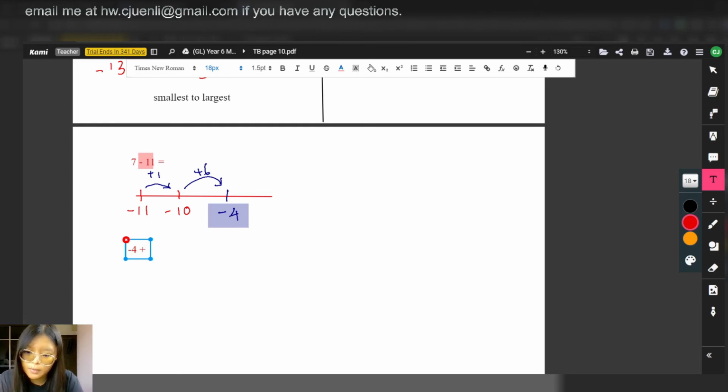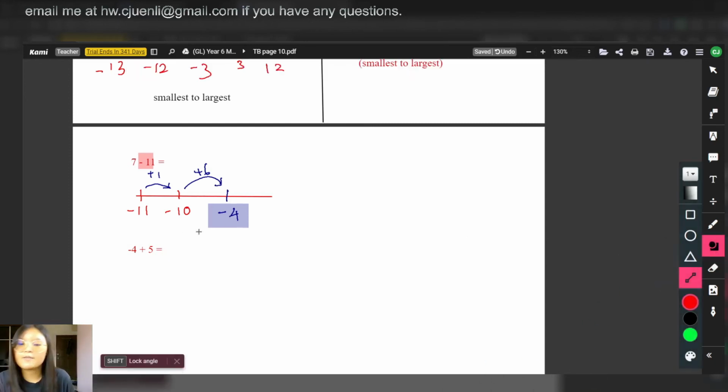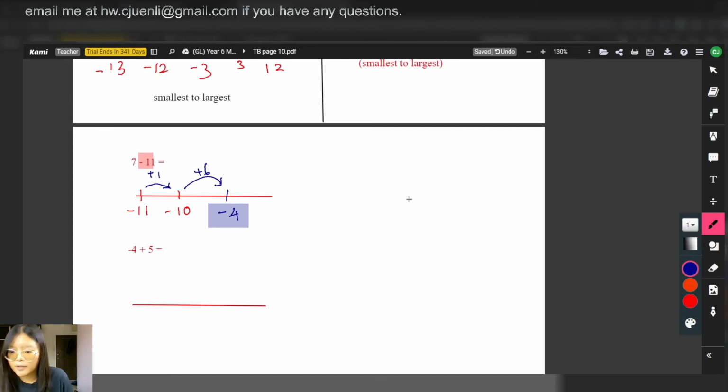I would want plus 5. What can I get? So let's see over here, our number line and our negative 4. So it's always easier when you start with negative numbers, but you can also start with positive numbers. Nothing wrong with that. It's just that I find it easier. So let us put there negative 4.